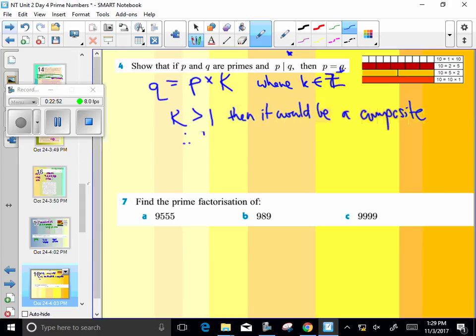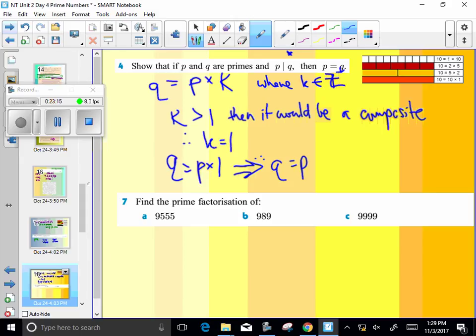Therefore, K has to be equal to 1. So then Q is equal to P times 1, which is what? Q is equal to P. Isn't that neat? That is a neat, simple, but revealing proof.